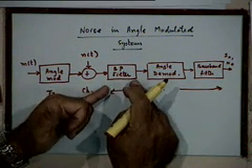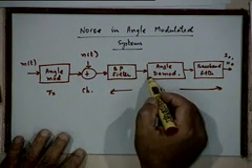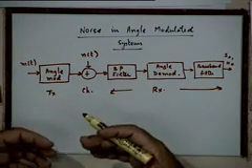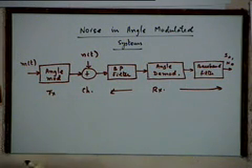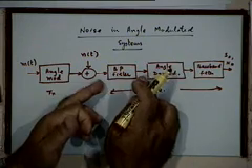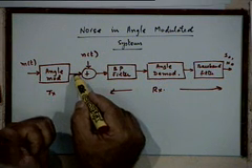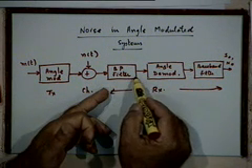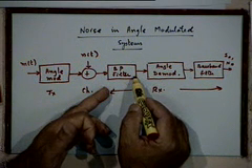So, the band pass filter, if you want to ensure that your angle demodulator receives an undistorted angle modulated signal, it must ensure that most of the significant frequency components of the modulated signal pass through. So, whatever is the bandwidth of this signal that is coming out must be allowed to pass through this band pass filter.